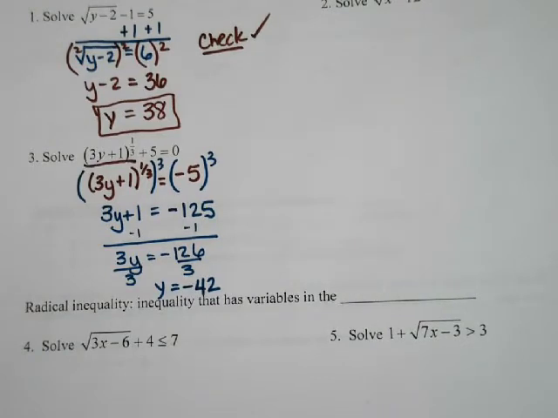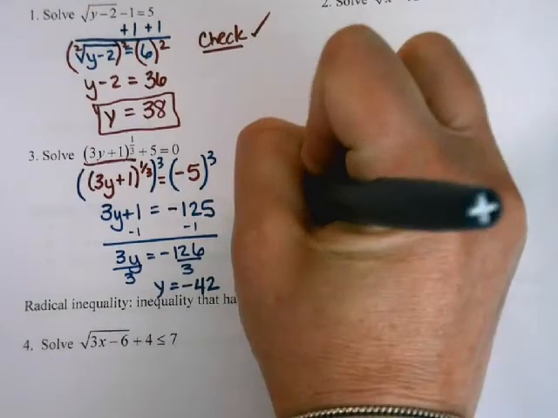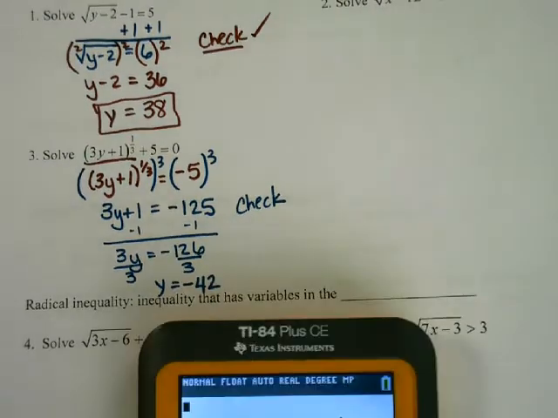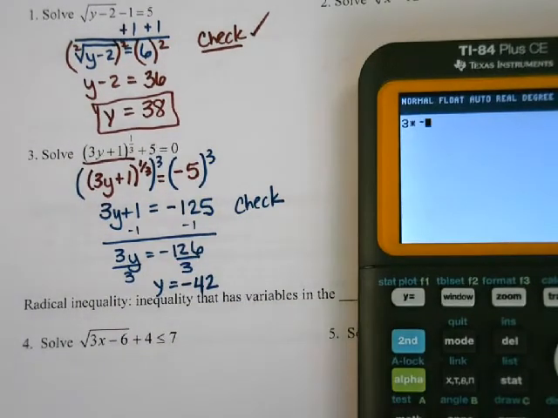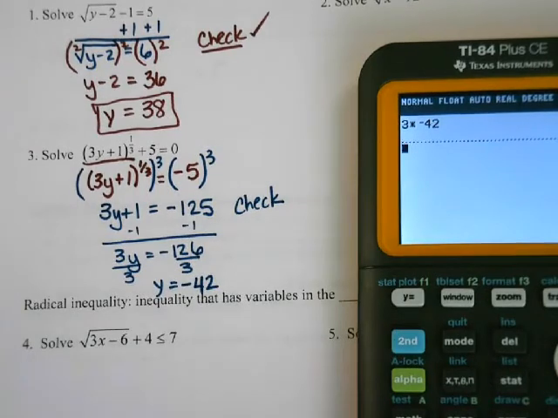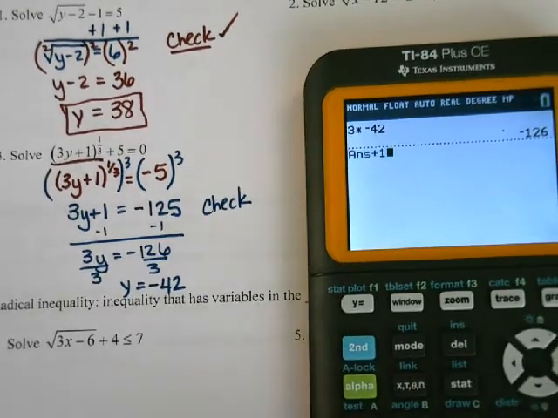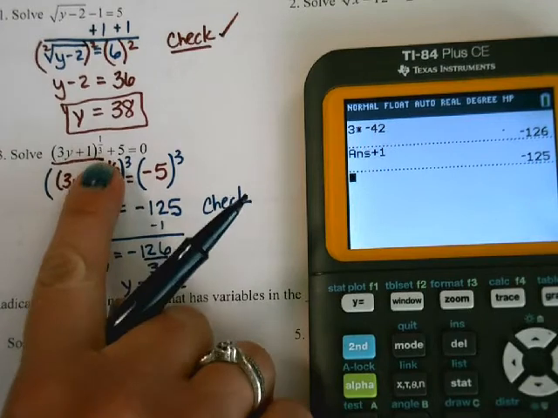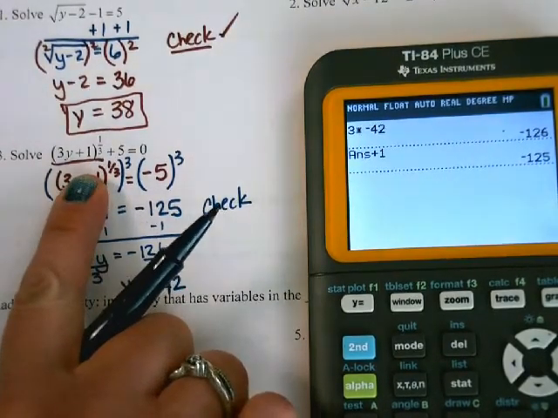Okay, now we have to check that one. Three times a negative 42 plus 1 gives me negative 125. The cube root of negative 125 is negative 5.